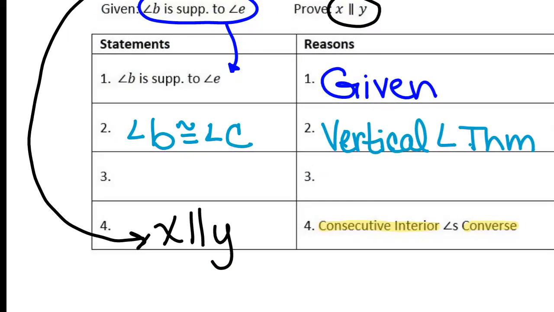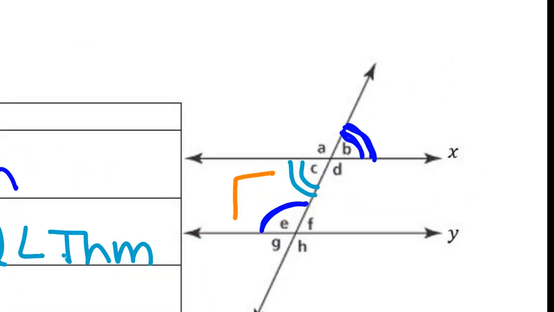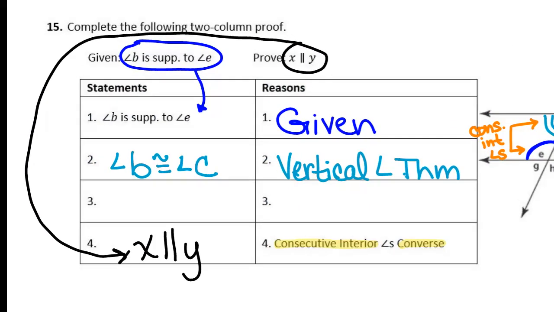Are C and E consecutive interior angles? Yes, perfect. C and E are consecutive interior angles. Well, B is the same size as C, right?